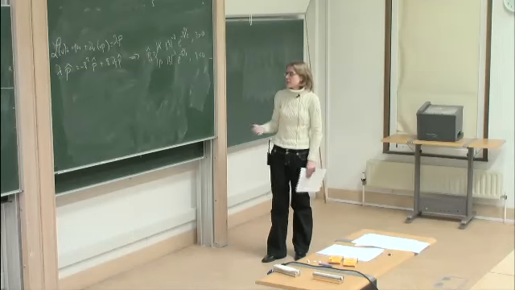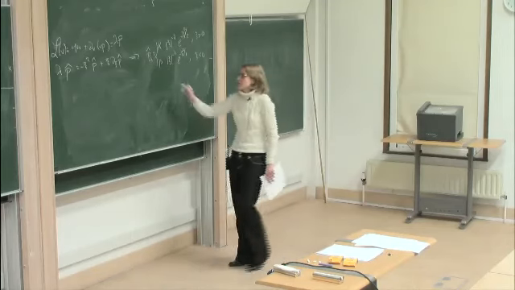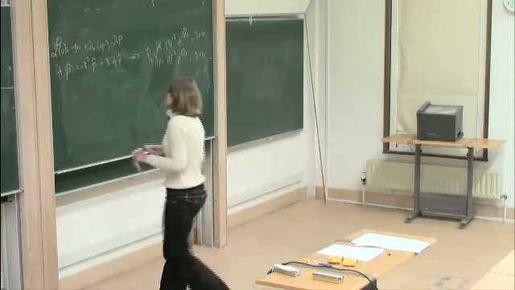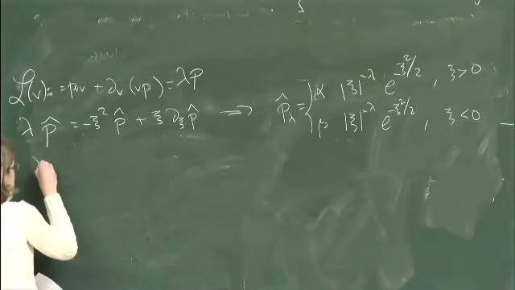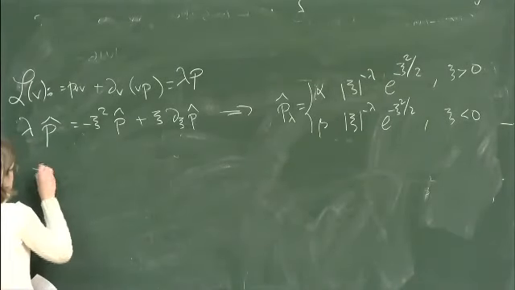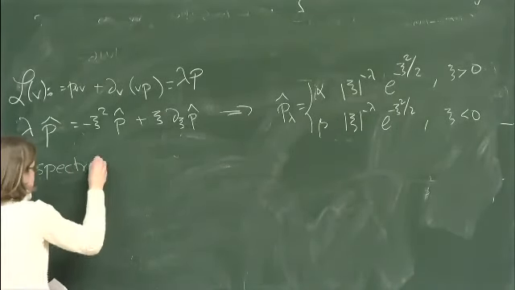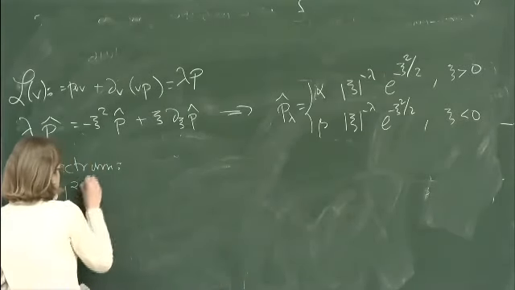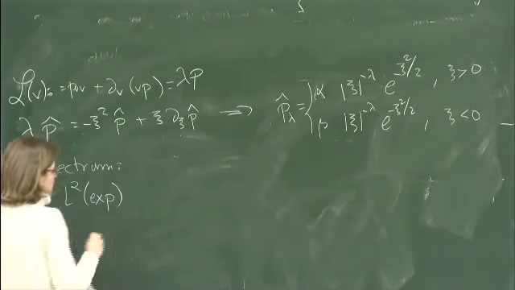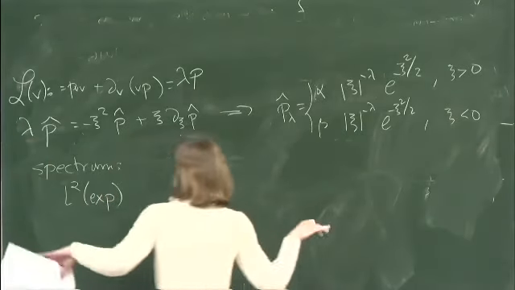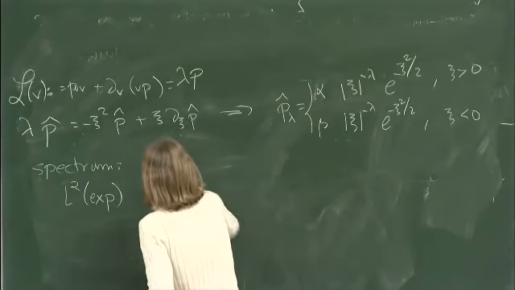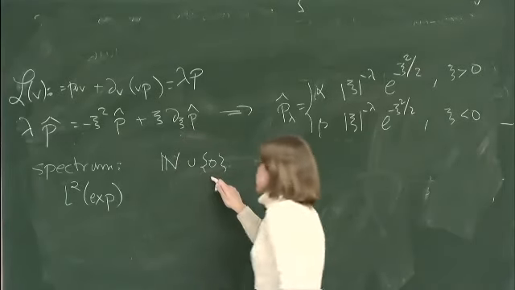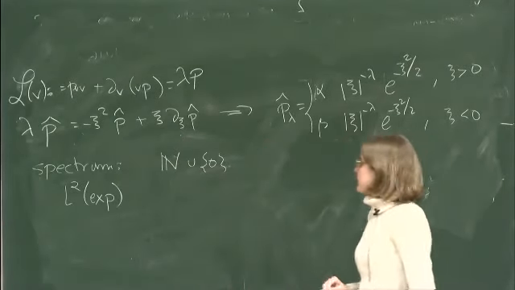Now we need to check what are the admissible values for this lambda. It turns out that the only lambdas that you can find in the spectrum for the Fokker-Planck, in the space L2 with exponential tail at minus infinity, are just the natural numbers, and the origin gives you the stationary state.